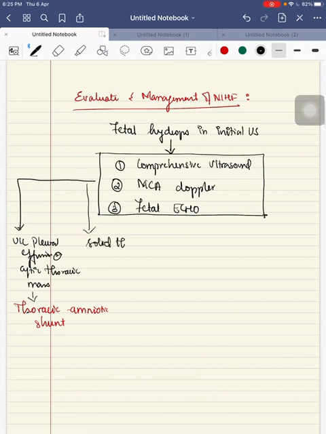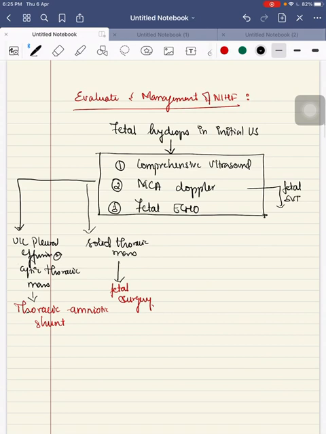Okay. Next, if the child has a solid thoracic mass, then you have to proceed with fetal surgery, that is open fetal surgery.